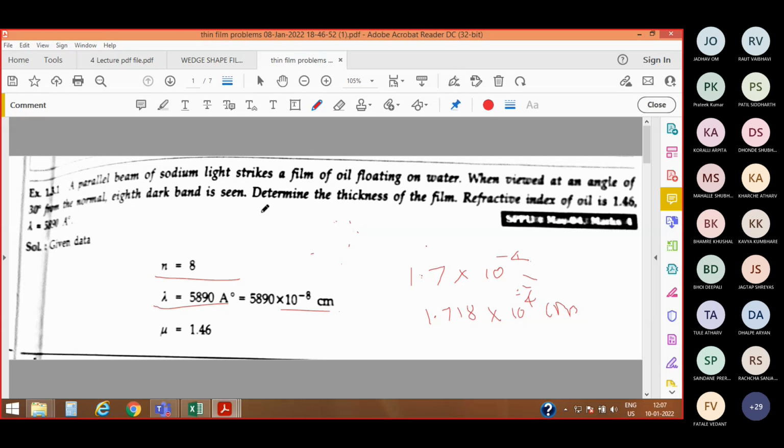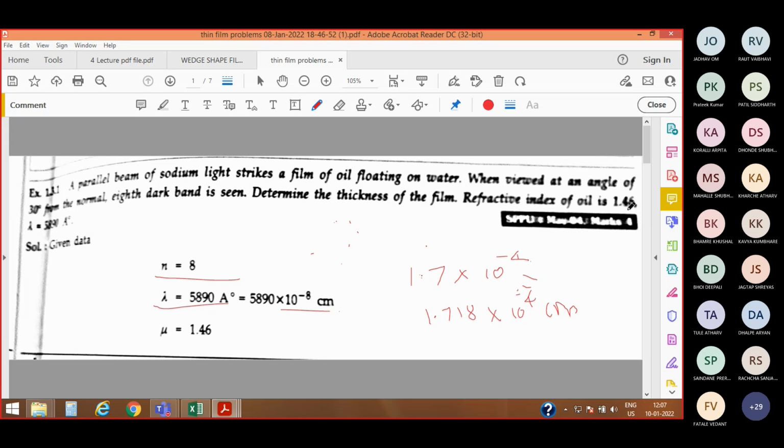Problem first: a parallel beam of sodium light strikes a film of oil floating on water. When viewed at an angle of 30 degrees from the normal, the eighth dark band is seen. Determine the thickness of the film.